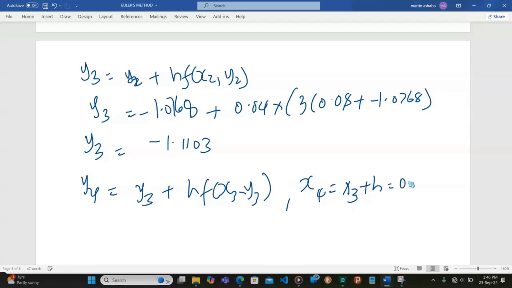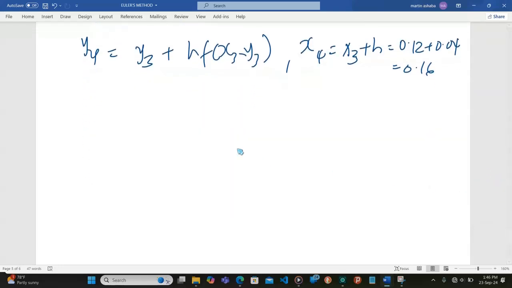This is equal to 0.12 plus 0.04, and this is 0.16. So we are close to the value that we are looking for, which is 0.2. So we proceed. Let's get y4. This will be negative 1.1103 plus h, where h is 0.04, times f(x, y).